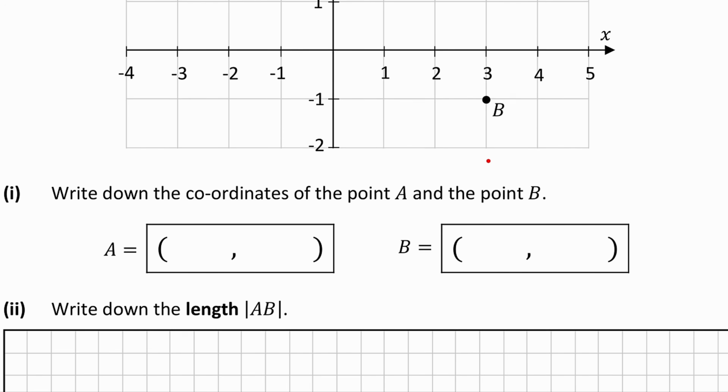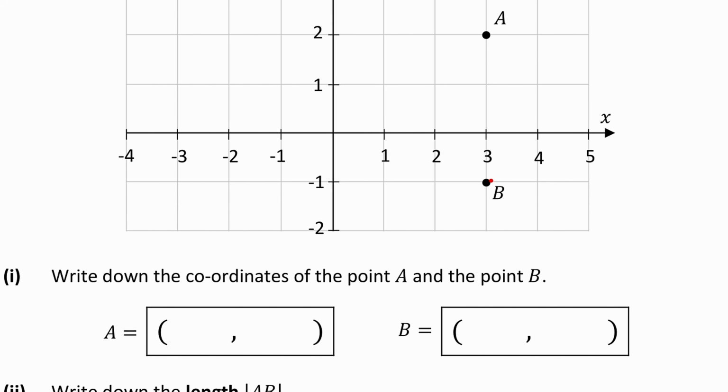About point B, we need also to find the coordinates. The x coordinate of this point is 3. If we refer to the point on the x axis, we have a value of 3. While on the y axis, we're going down in the negative direction. So the coordinate of point B on the y axis is -1.